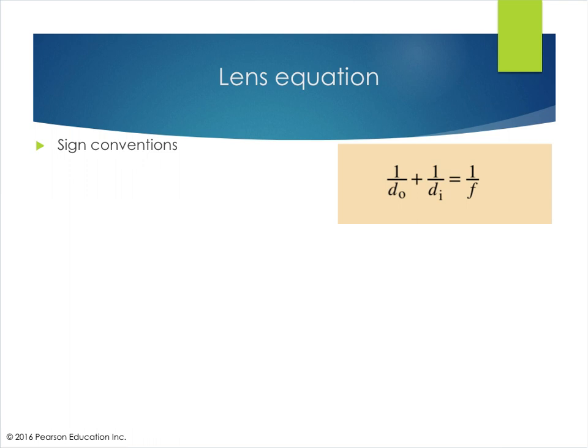So it turns out that we get to use the same equation, the lens equation, that we saw with the mirrors. So we might want to just review what our sign conventions are. The focal length is positive for converging lenses. The focal length is negative for a diverging lens.